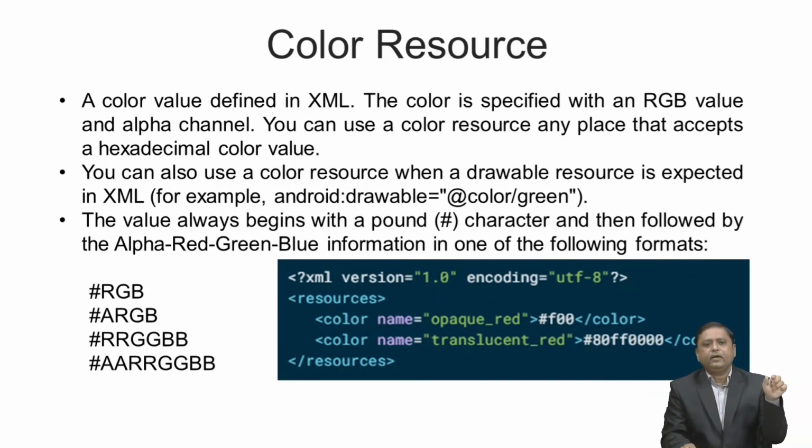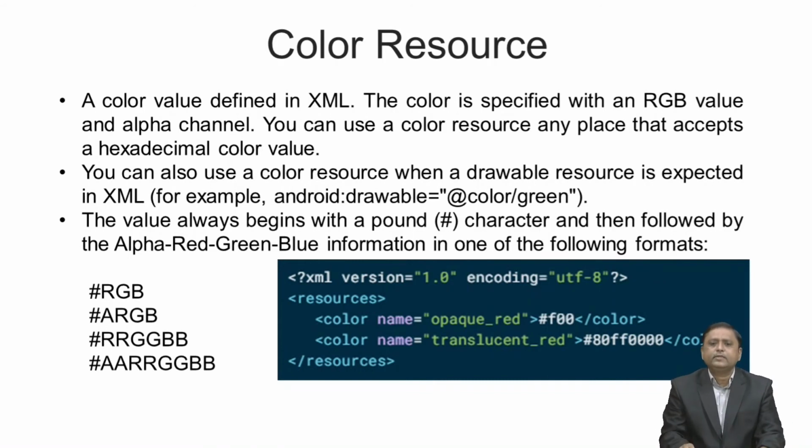It may be a pound sign with RGB value, a pound sign with alpha and RGB value, a pound sign with 2 hexadecimal digits each for red, green and blue, or a pound sign with 2 digits each for alpha, red, green and blue.